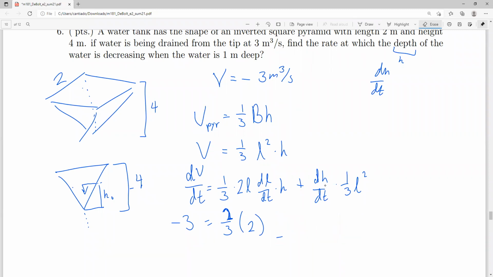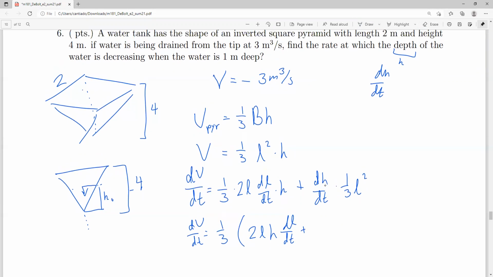As we can see from this equation, let me rewrite the equation so it's a little cleaner to look at. dV/dt is equal to 1/3. Both of them have 1/3, so I'm going to factor that out, times 2LH dL/dt plus L squared times dH/dt.